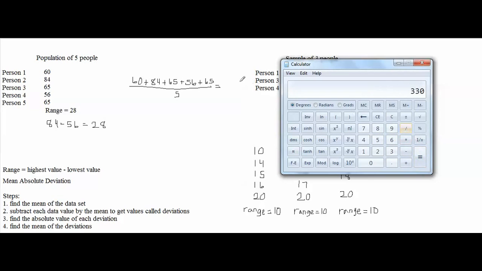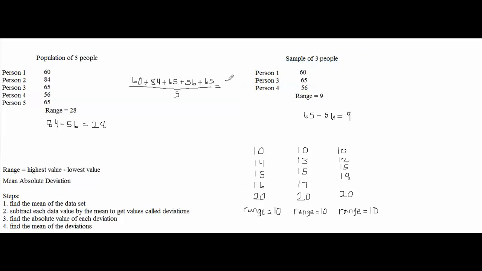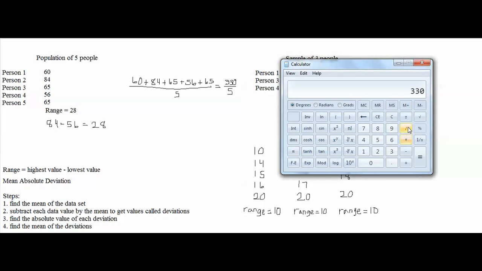Well, the total comes out to 330. And we have to divide by 5 since we have 5 numbers. And we get 66.